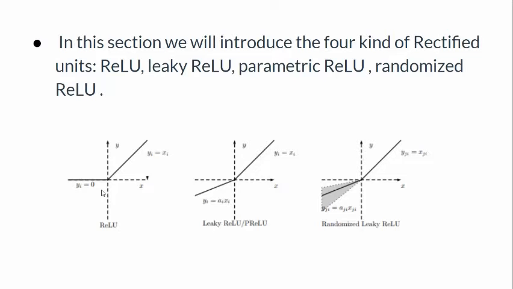Ai in the case of leaky ReLU is preset, and when it comes to parametric ReLU, the value is evaluated in training via backpropagation. Then the last is randomized ReLU. In this, the coefficient alpha ji is sampled from a uniform distribution.